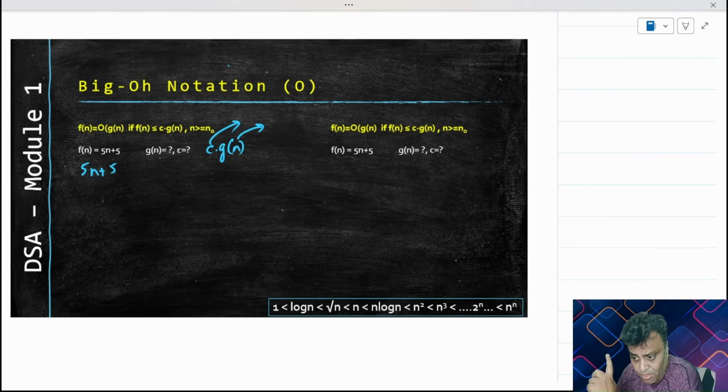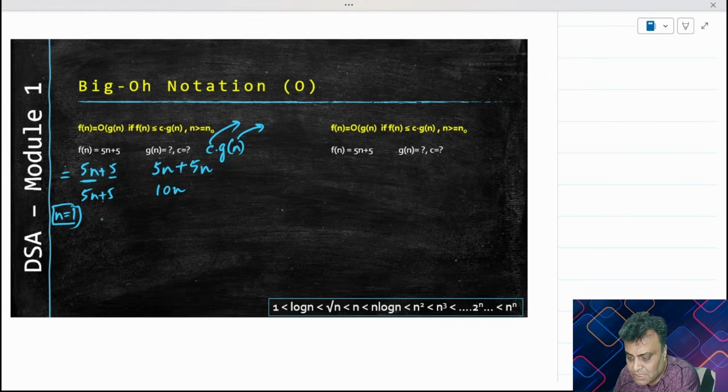So what we'll do is, we will take 5n, because 5n is on the LHS, and this 5 also we will make it as 5n. So then we will have to show that this 5n plus 5, and on the right side we have 10n. For a particular value of n, if we take n as 1, 5n plus 5 becomes 10, and 10n becomes 10, so this is equal.